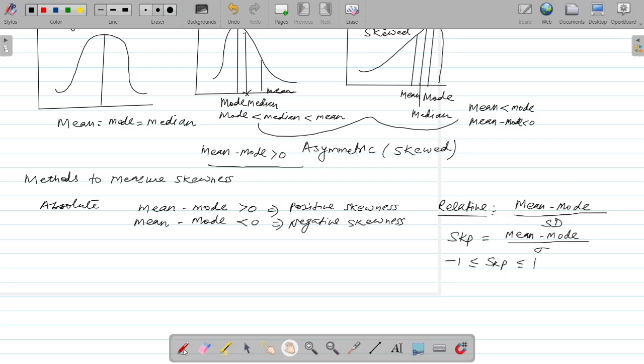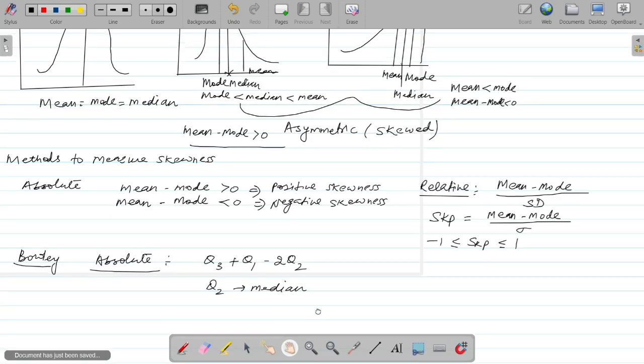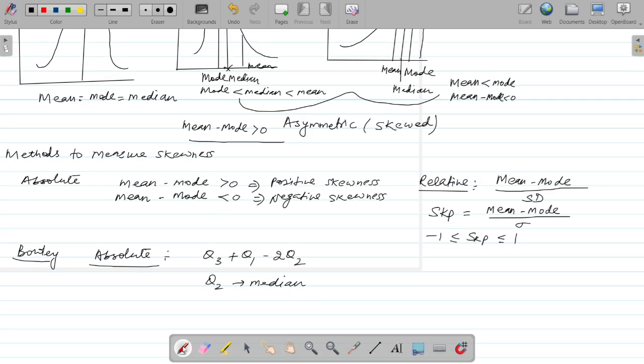Now, the second method is Bowley's method. For Bowley's method, we have the quartiles, right? So the absolute measure is Q3 plus Q1 minus 2 Q2, where Q2 is nothing but the median. These things I have already explained in class. I'm just repeating it because there were mistakes in the files, so you can correct them, right?